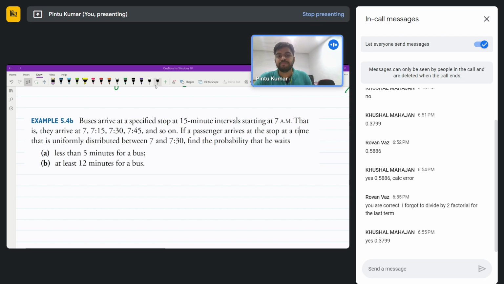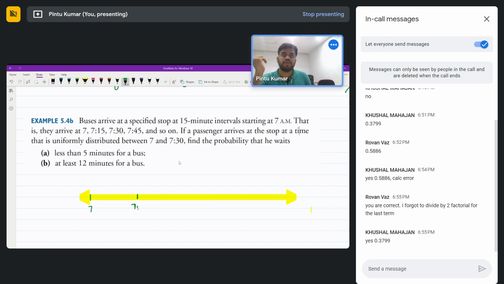So I can draw a figure probably. Okay. So starting from 7 a.m., let's say this is 7 a.m., the bus arrives at an interval of 15 minutes.